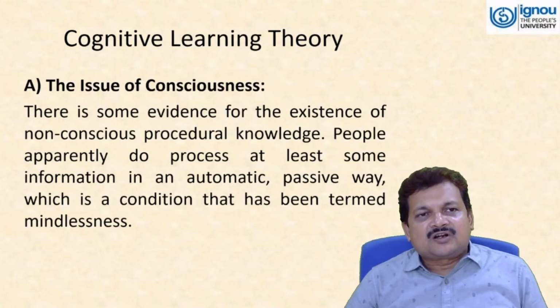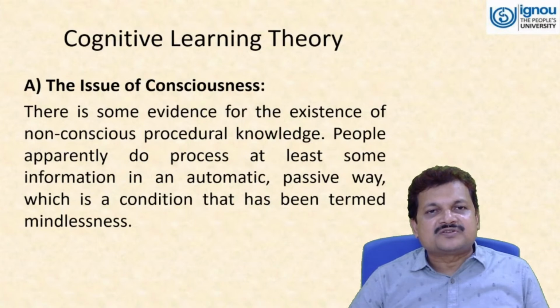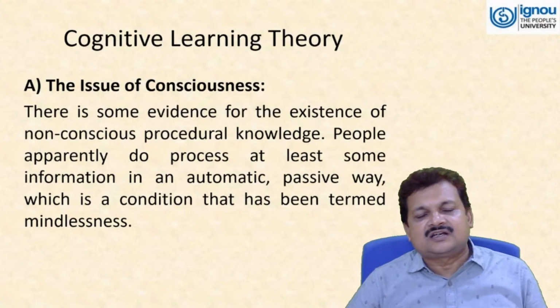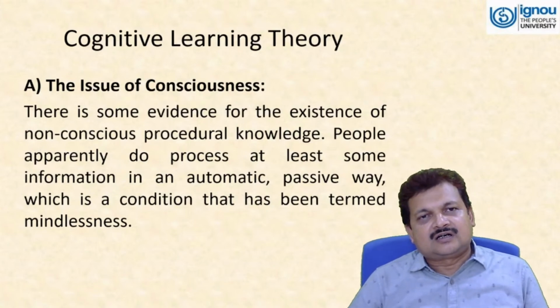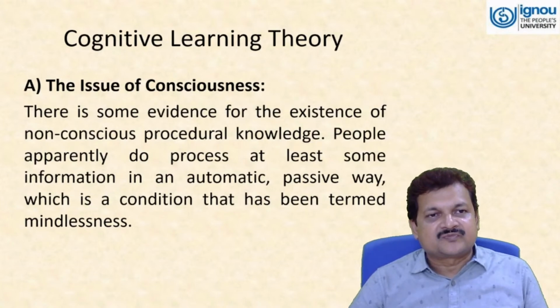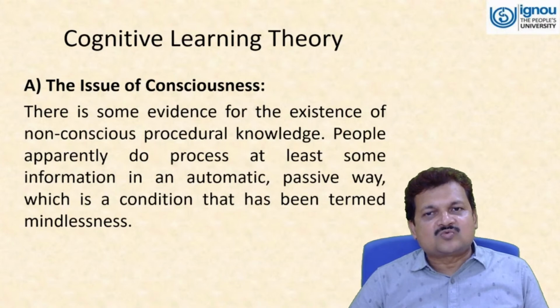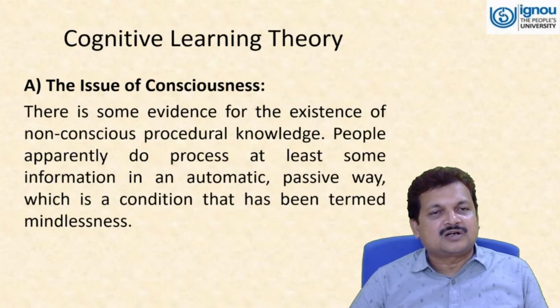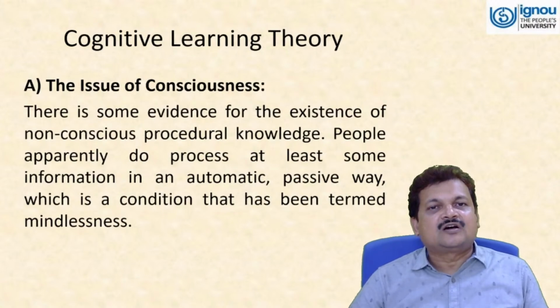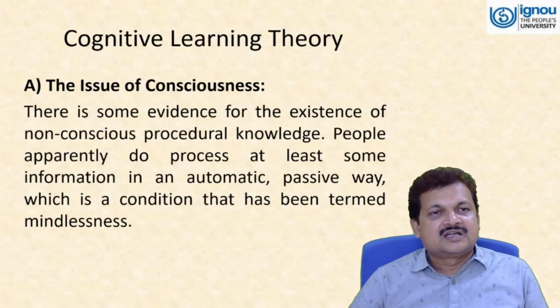So here in cognitive learning theories, we have the issue of consciousness. We actually have three conditions: unconscious, semi-conscious and conscious. In unconscious cases, what is happening? Mostly when we are sleeping, at that particular time we are unable to know what activities we are doing. So that is the unconscious stage.